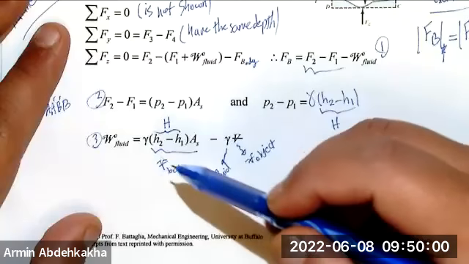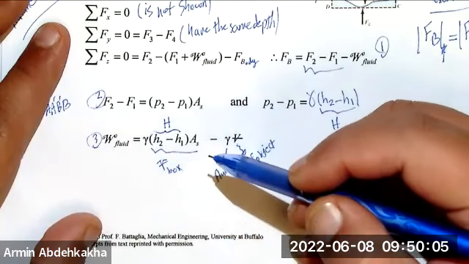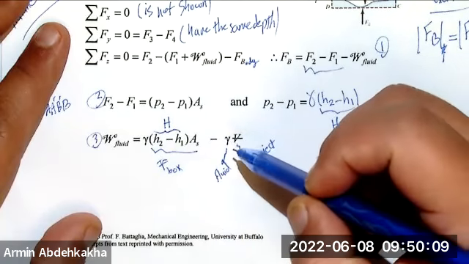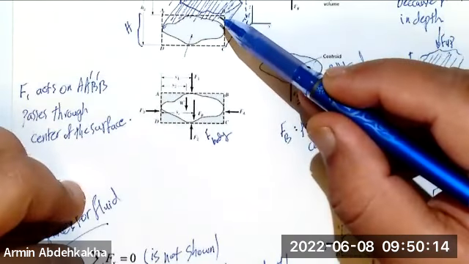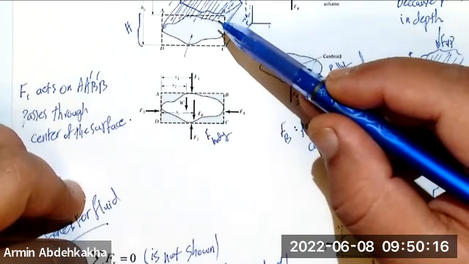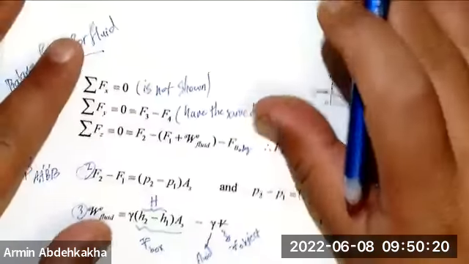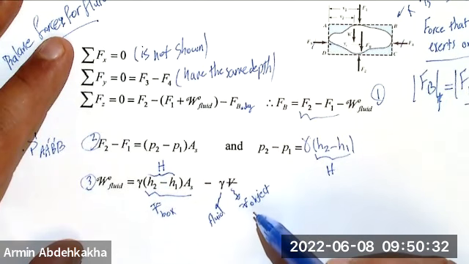One is gamma times the volume of the object. One method is finding rho times the volume. Here, because we are using gamma, we don't have gamma for a solid object, right? That's going to be rho times the volume. Since we are using gamma, this is gamma of fluid, and the volume of the box minus the volume of the object gives you the volume that is filled with the fluid, right? That should be clear.